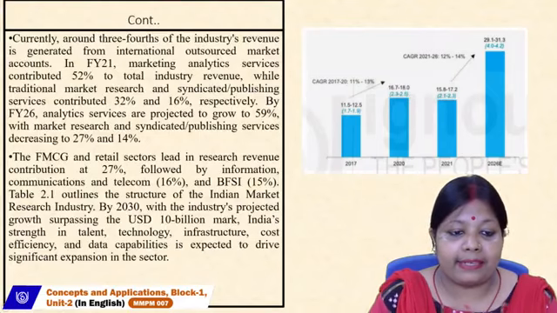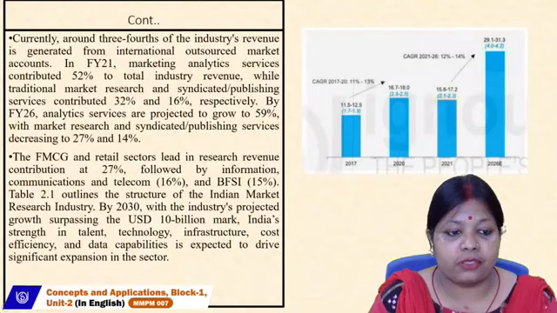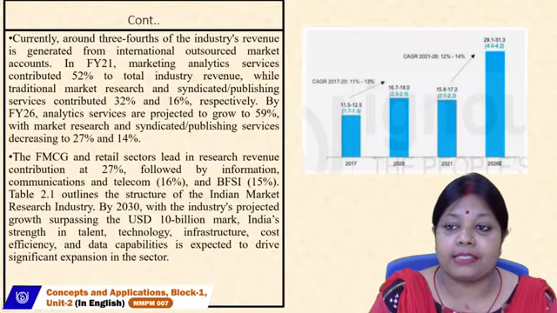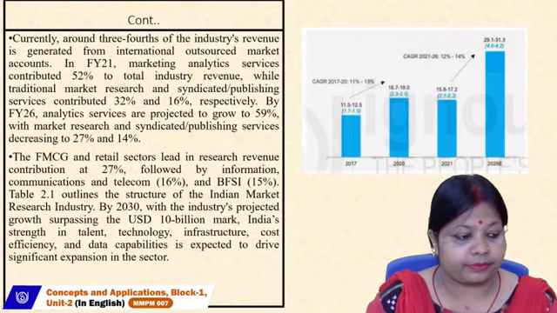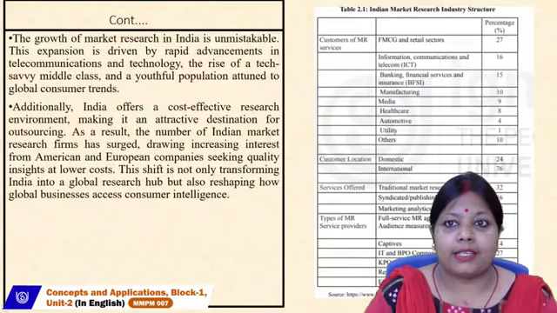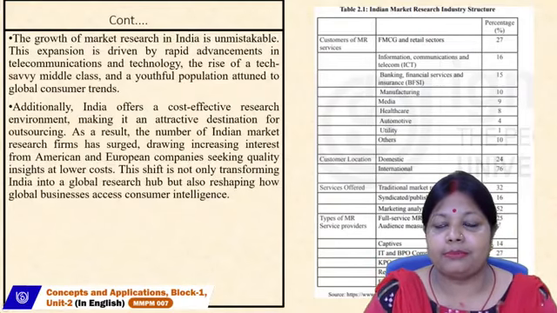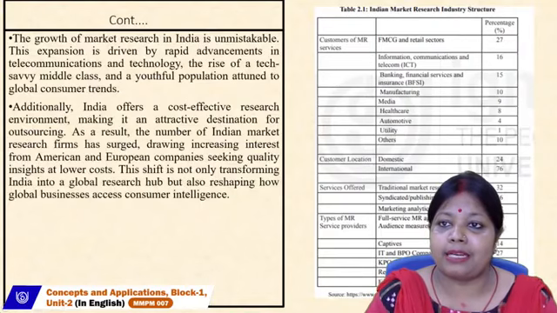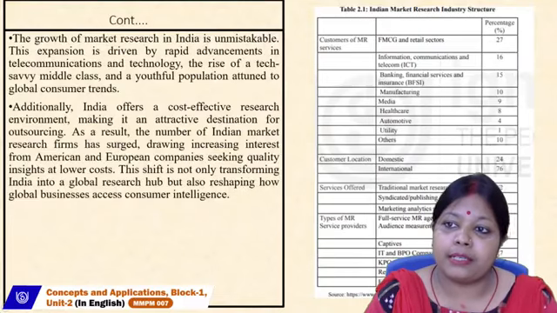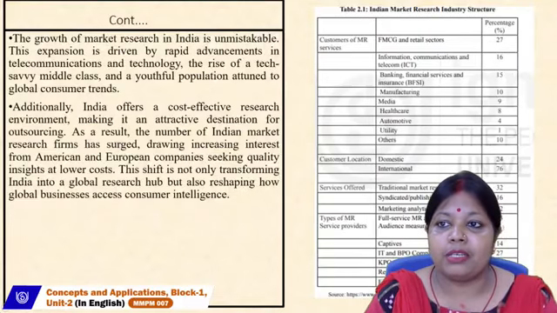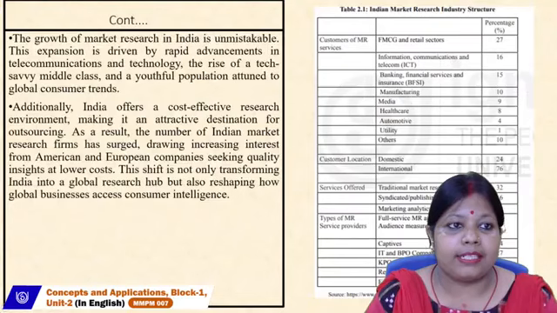India's strength in talent, technology, infrastructure, cost efficiency, and data capabilities is expected to drive significant expansion in these sectors. We can see in Table 2.1 the information about the Indian market research industry structure. These are the components and the percentage contribution toward the market.